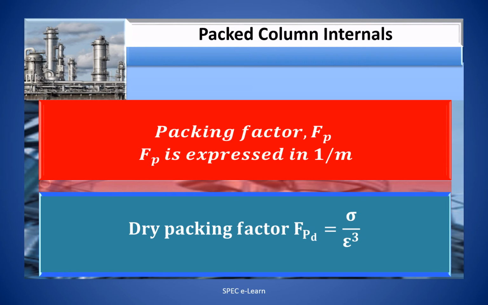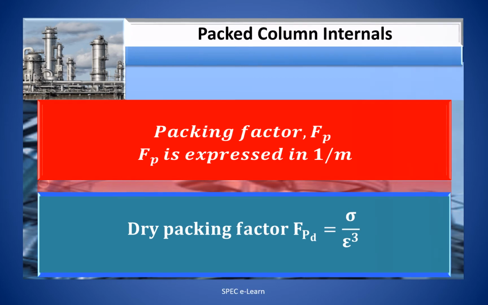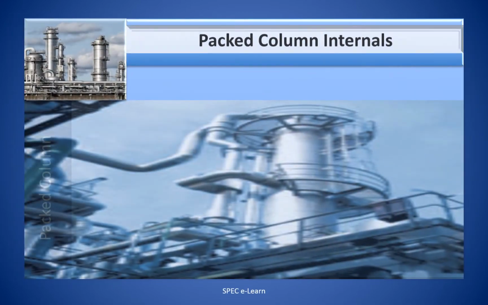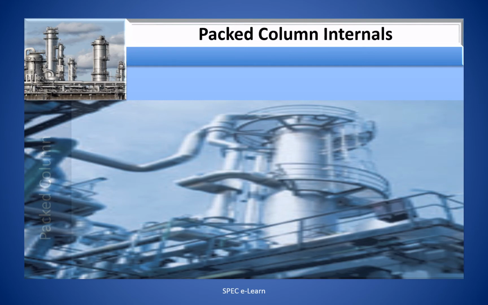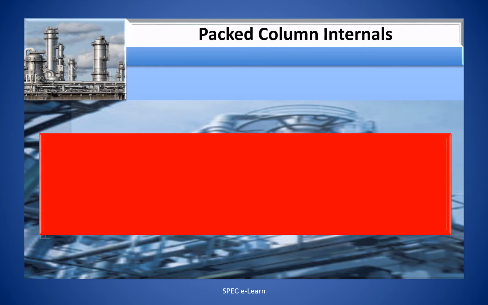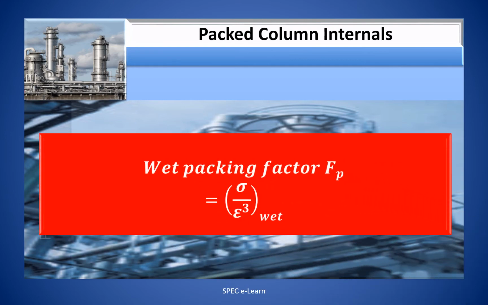Note the dimensions of sigma is meter squared per meter cube and that of epsilon is meter cube per meter cube. Hence, the dimension of packing factor is 1 by meter. Wet packing factor Fpw is the packing factor under irrigated condition.